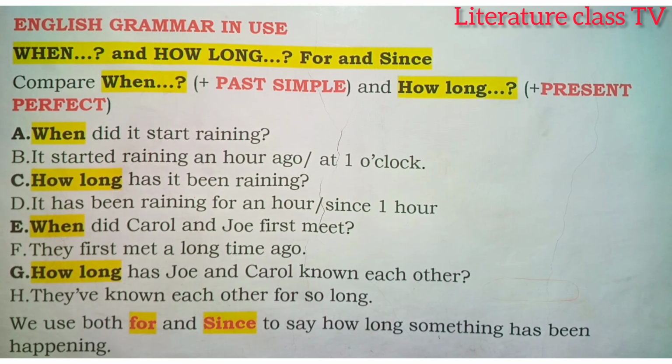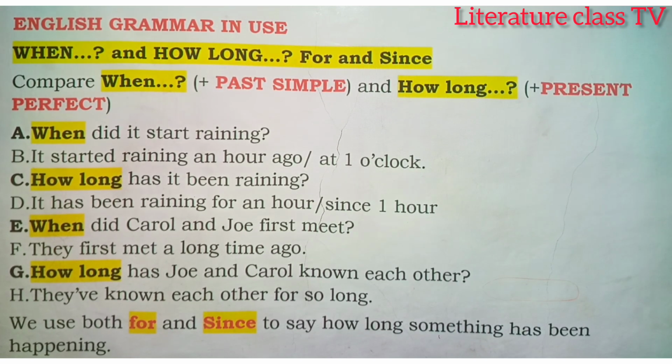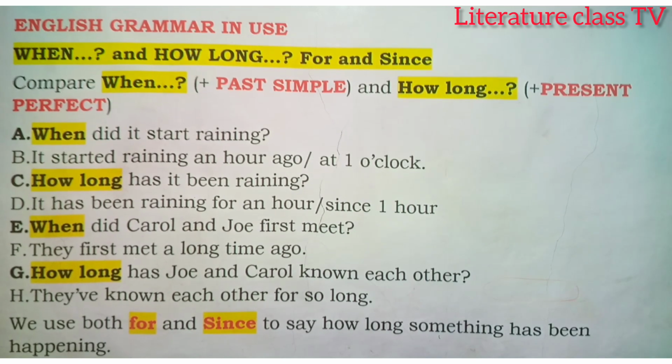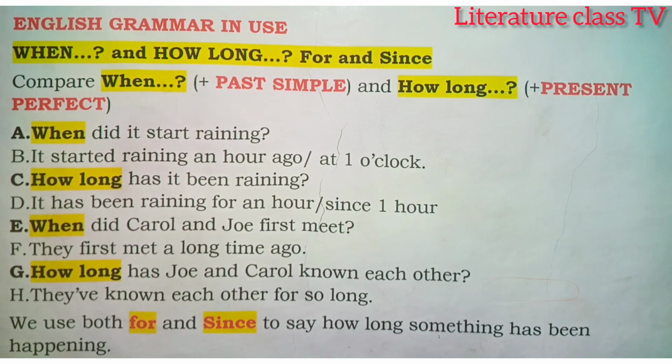G. How long have Joe and Carol known each other? Present perfect. They have known each other for so long. My friend, this is an example which helps us to dive into the use of when and how long.